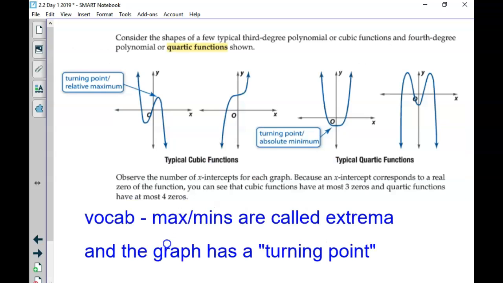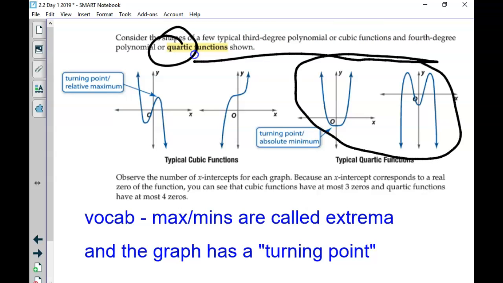These are all what are called quartic functions, which means degree 4. No, they're not. What does that say? Consider the shapes of following third degree polynomials or cubic functions and fourth degree or quartic functions. Okay, these two are quartic because both ends are going the same way, and these two are cubic.